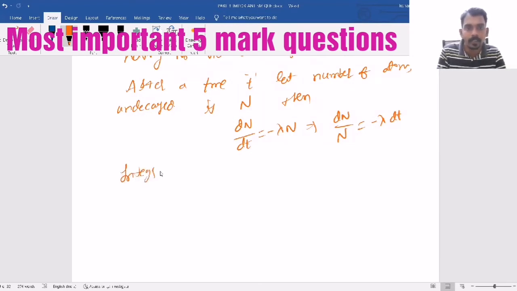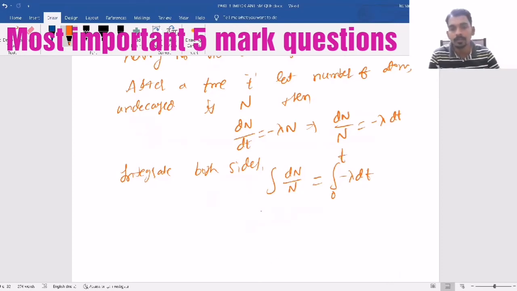Now integrate both sides, integration dN by N equal to integration minus lambda dt from 0 to t. So in a time of t, the number reduced from N naught to N. Initially the number of atoms undecayed is N naught. After time t, the number of atoms remaining undecayed is N.